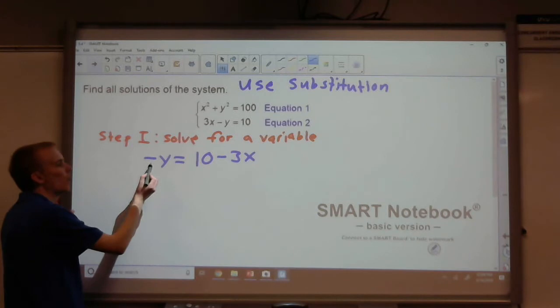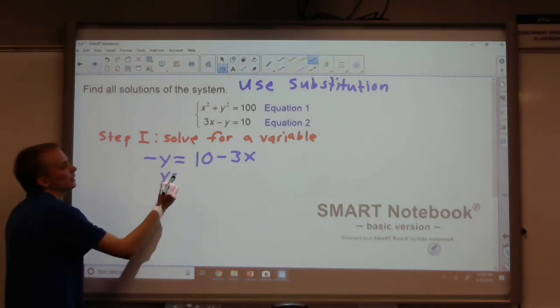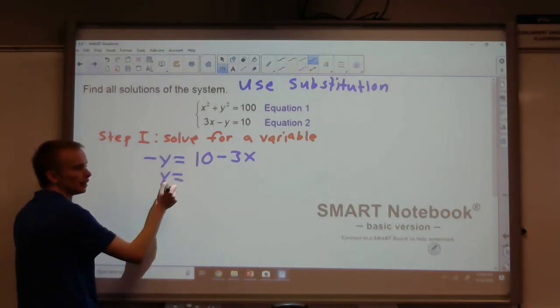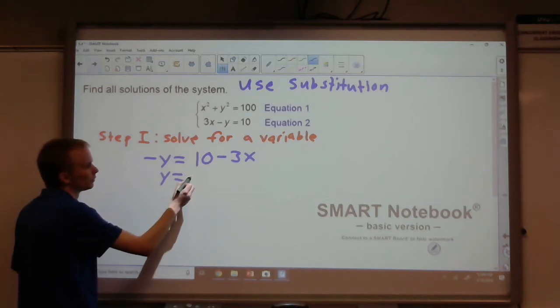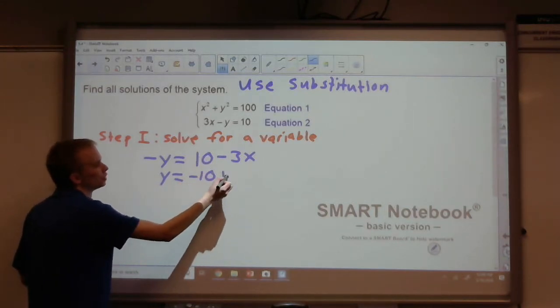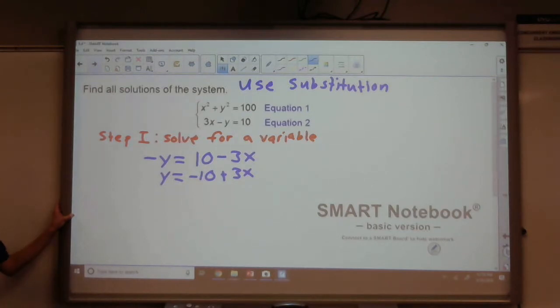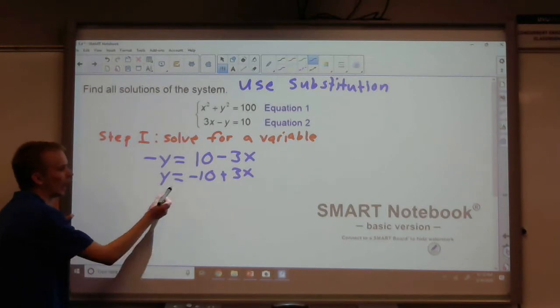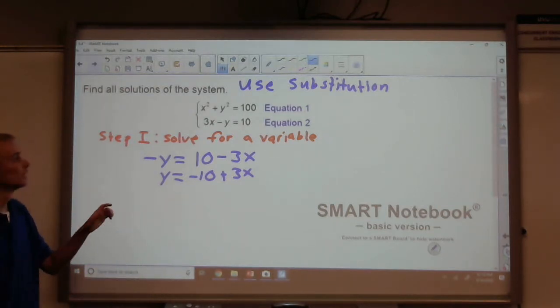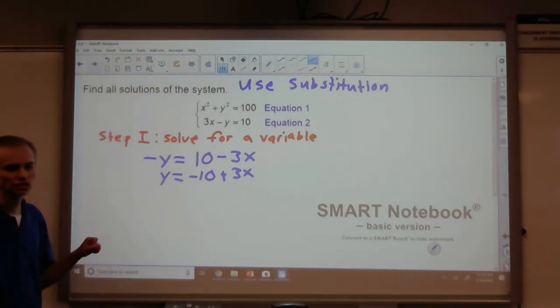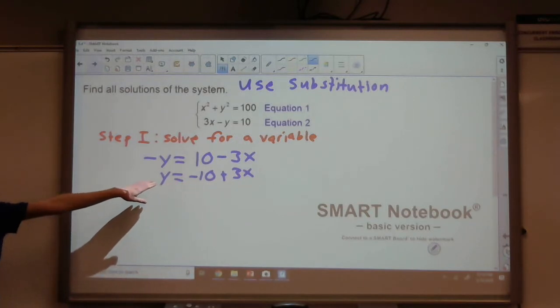And then to get y alone, I'll just times by a negative, or divide by a negative if you prefer. That will just switch both of those signs, okay? So I now have an equation for y, okay? I've completed step 1. I've solved for one of the variables.